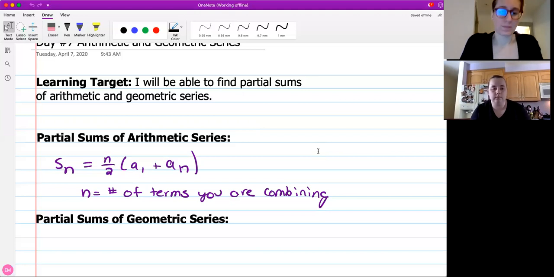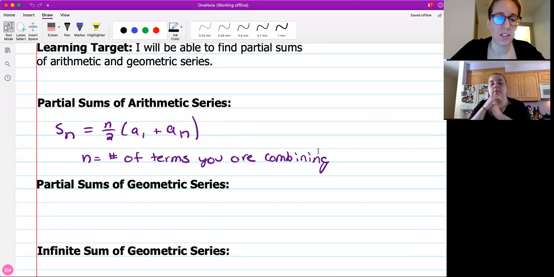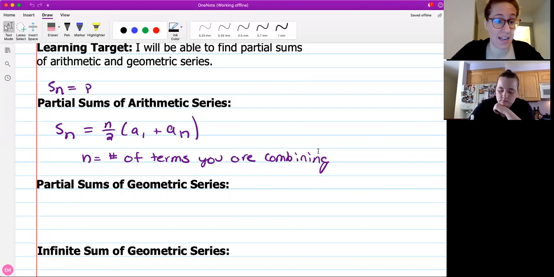The only thing I would add is just make sure you know the difference between the symbols. Like Miss Markert said, S sub n stands for your partial sum, so that's when you're adding things. And A sub n is your term number, the usual symbol for your sequence.